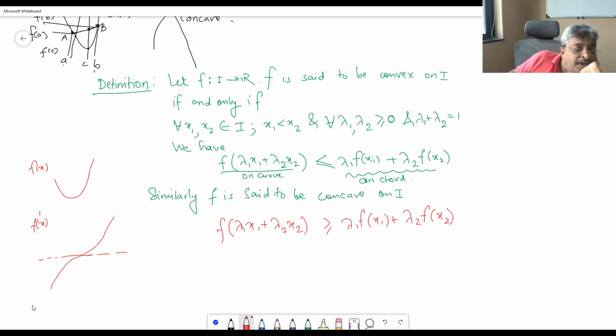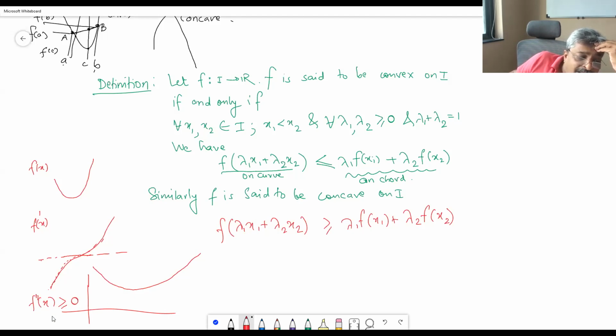And if I want to find out f double dash, then slope is going to be continuously positive. At any point, f double dash of x is going to be a big positive number, then small positive number, then small positive number, and again big positive number, something like that. So f double dash of x is greater than or equal to 0.